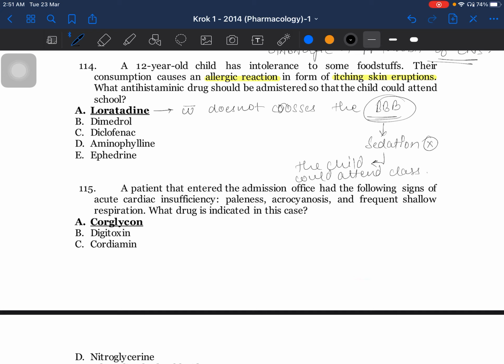Okay, and these are basically second generation antihistaminic drugs.